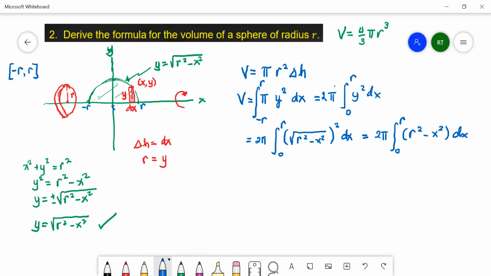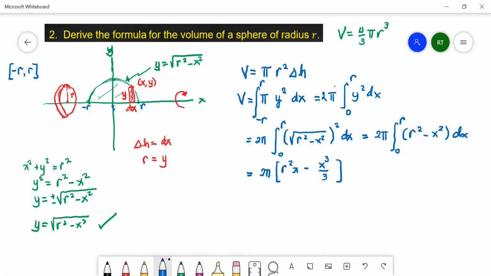So we can easily evaluate the integral. Hence, we have 2 pi times the integral of r squared dx. R is a constant, so it is r squared x minus the integral of x squared dx, which is x cubed over 3.